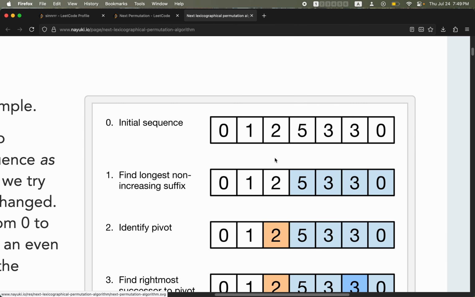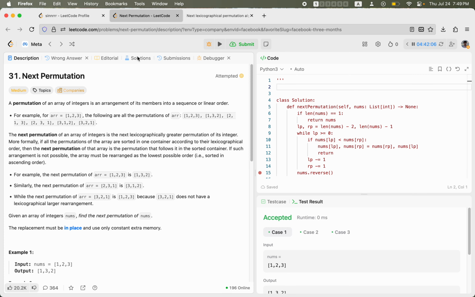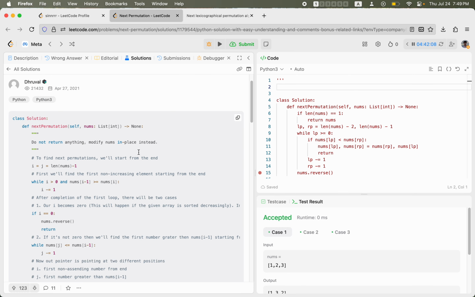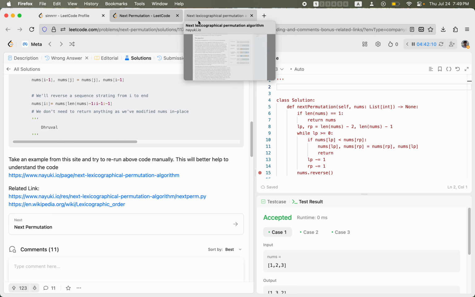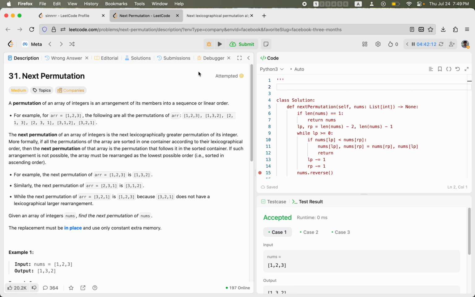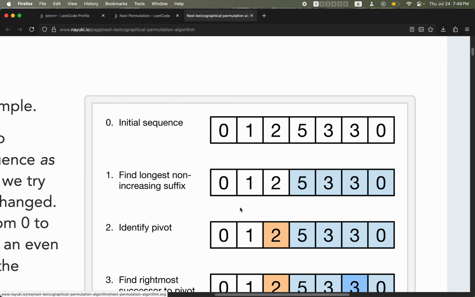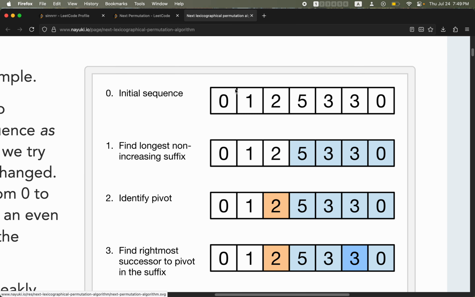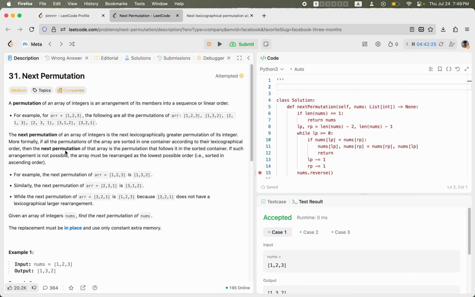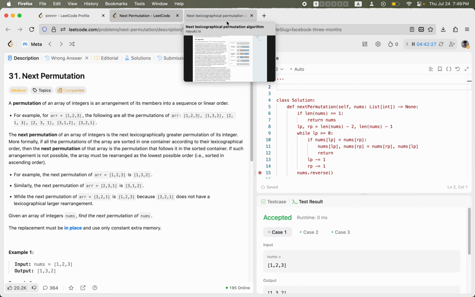Okay, so I've got this website. It's just a random website from one of the solutions. Great solution, but I'm just going to walk through the algorithm itself, and then you can look at the solution and you'll get what I mean. So here you've got examples, but they're not really that great.